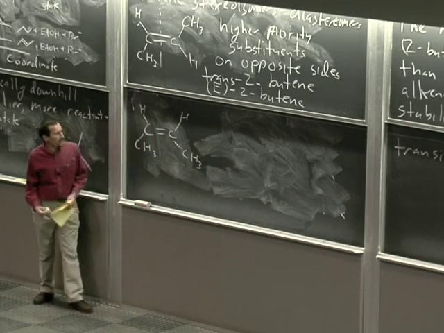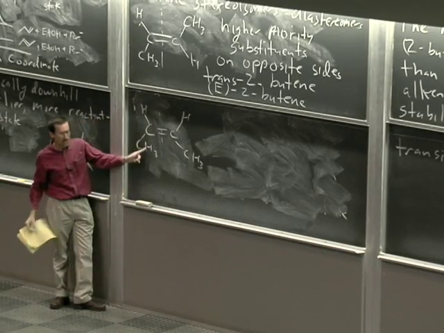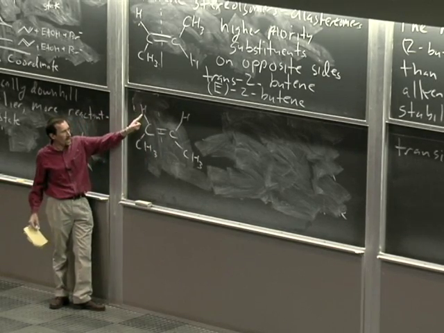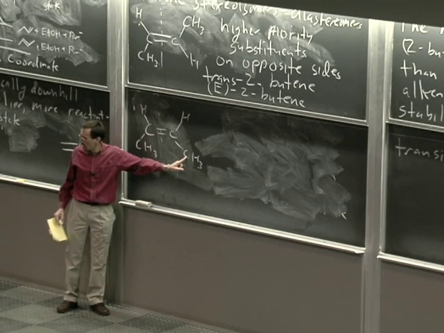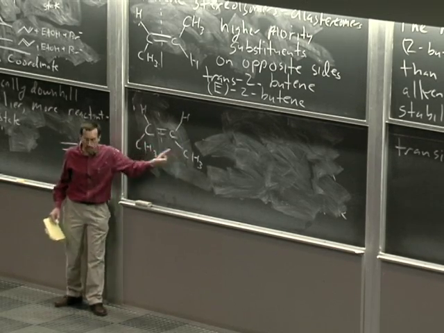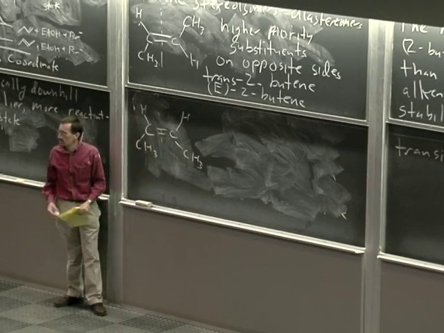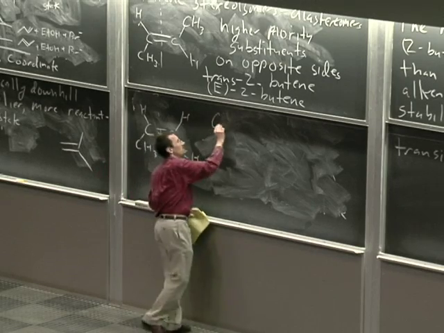And here we look at this, we say, all right, we're going to look at one side, and we say methyl is higher priority than hydrogen. Other side, methyl is higher priority than hydrogen. The two methyl groups are on the same side of the double bond. So this is a cis stereoisomer, this is cis-2-butene.